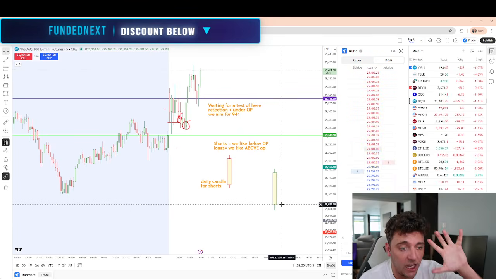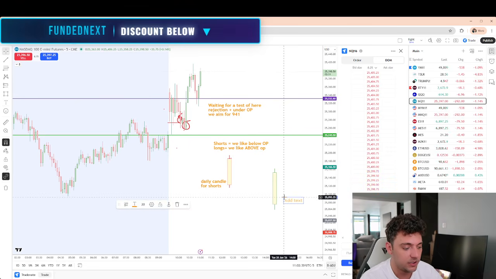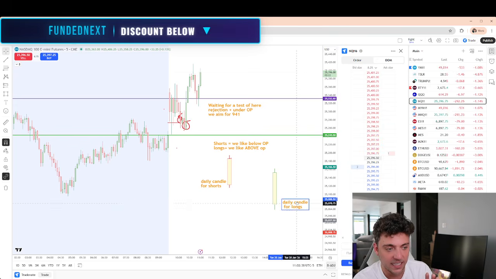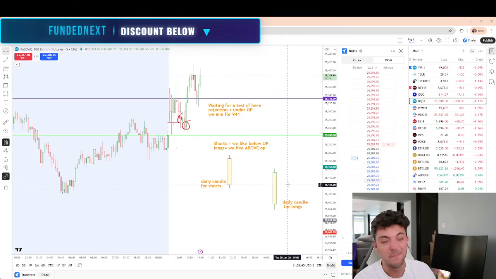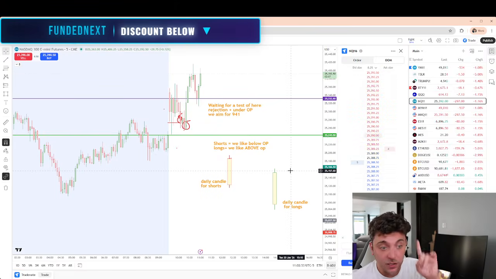Again, if you're an experienced trader with good chart reading skills, it's okay to try entries under the opening print. Once, maybe twice, if it's a great risk to reward trade. No more than that.